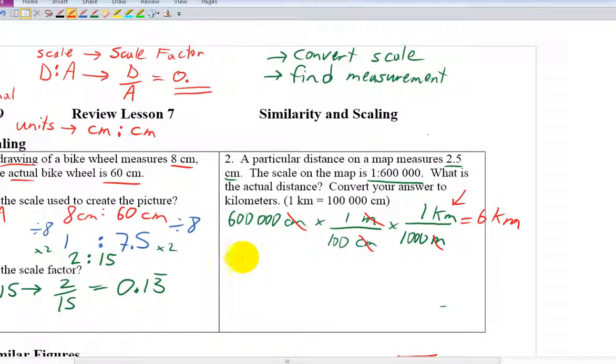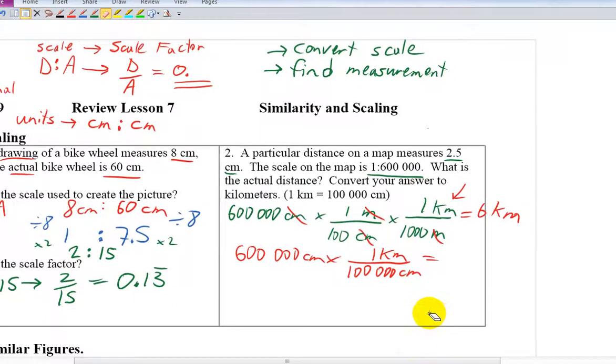Now, since I'm given the scale factor, I could also take 600,000 centimeters and times it by 1 kilometer and divide by 100,000 centimeters. If you do that on your calculator, you'll find it also equals 6.